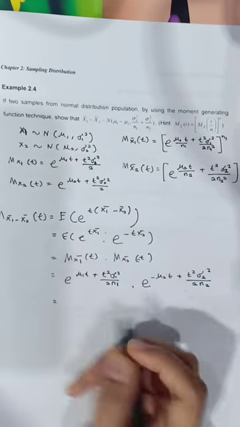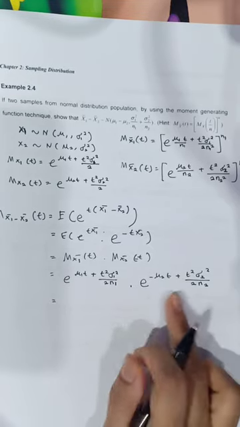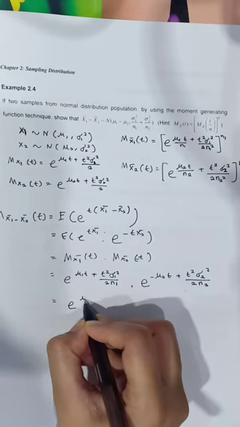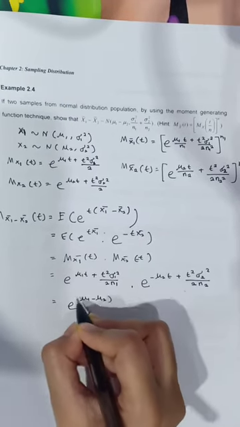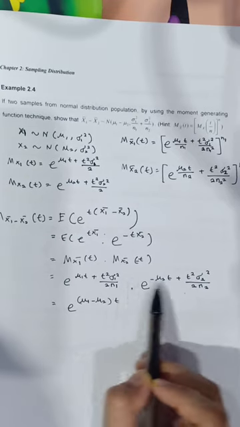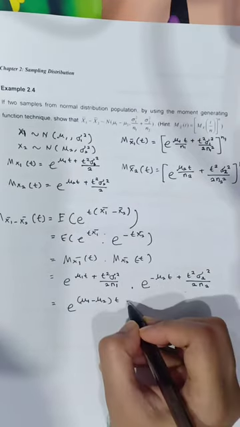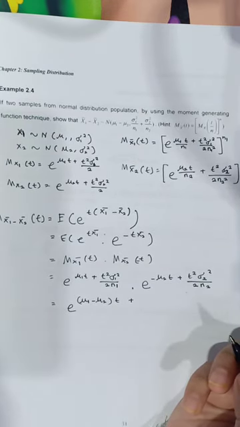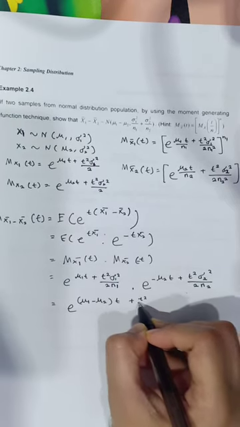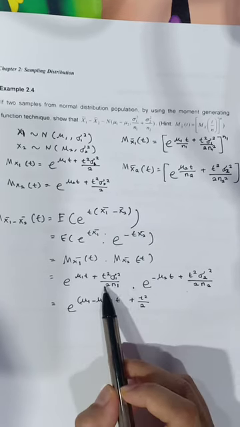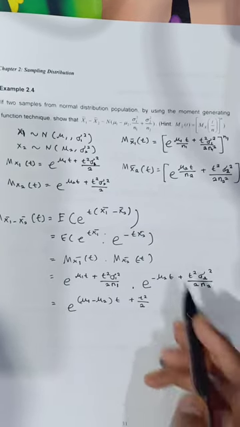Now we multiply these exponentials, so the indices should be added. You will get mu1 minus mu2 times t, adding these two. Then factorize plus the t square over 2, since we have t square over 2 in both terms.